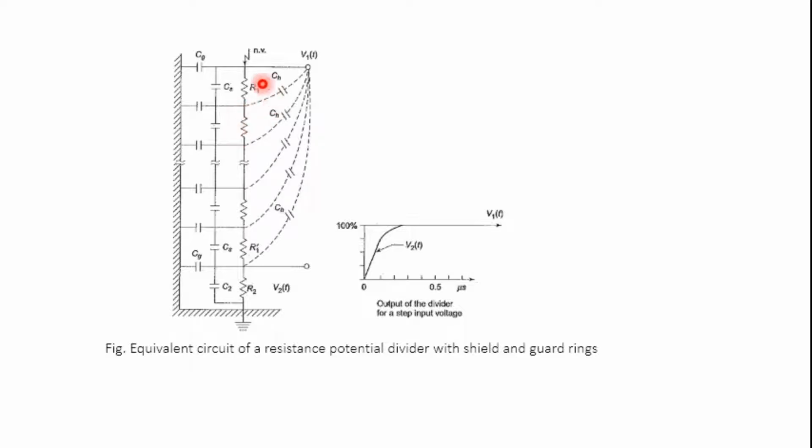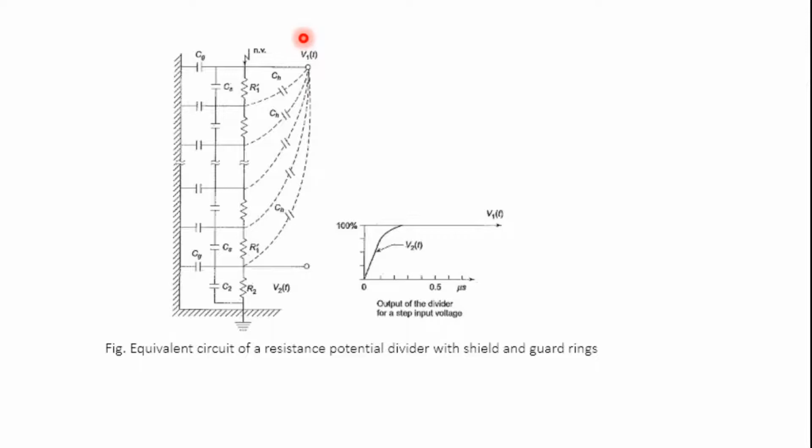Next is the modified one. Ch is the stray capacitance introduced between the high voltage lead and the ground elements. We can call this a guard ring, which gives another waveform. That's the concept we discussed in the case of high voltage transmission lines, for linearization of CH and CG across the insulated disc.